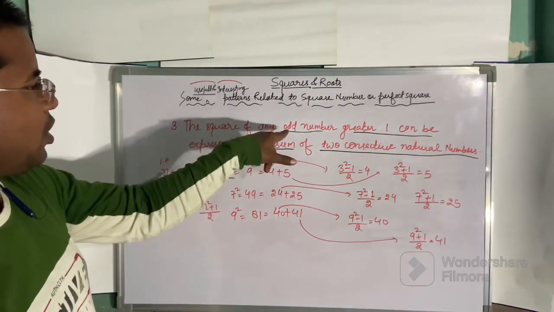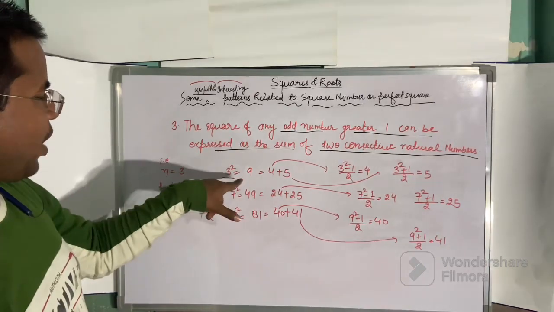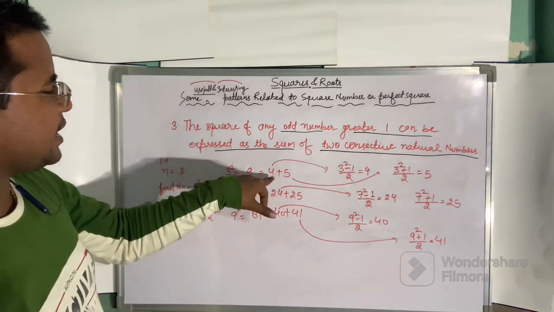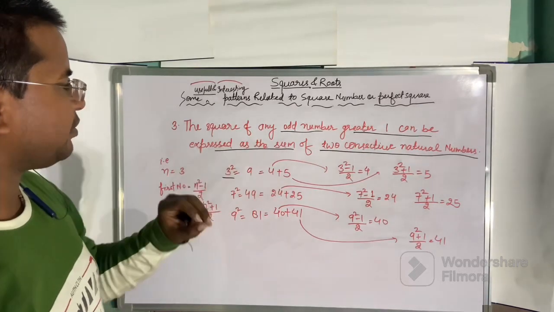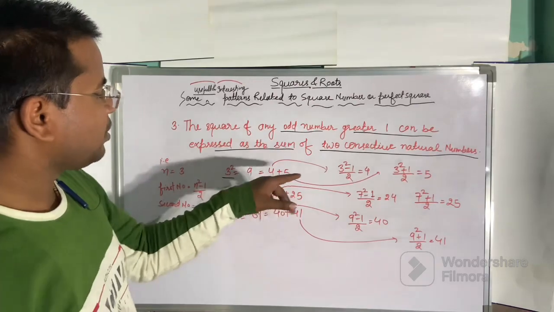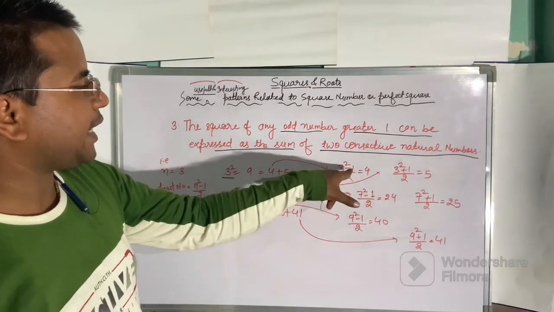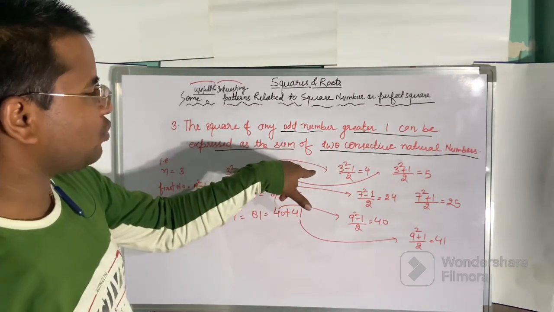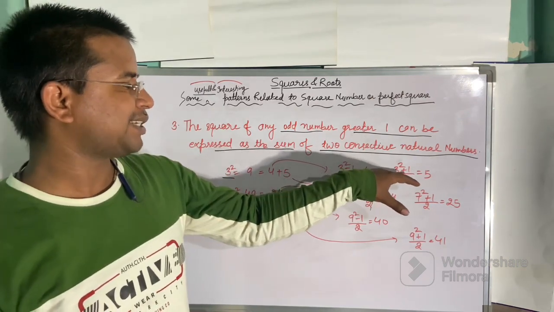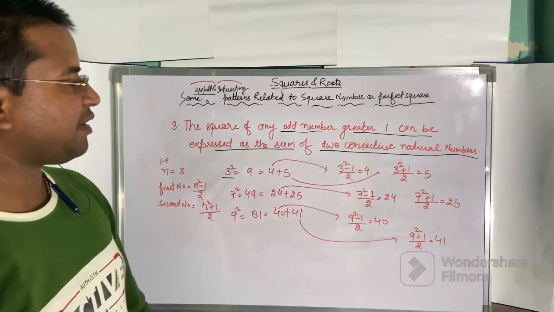It is an odd number. So 3 square is equal to 9, and 9 can be expressed as a sum of 4 plus 5. How do we get this 4? We get 4 by squaring 3, minus 1, and the whole divided by 2. And how do we get 5? We get 5 by squaring 3, plus 1, and the whole divided by 2.